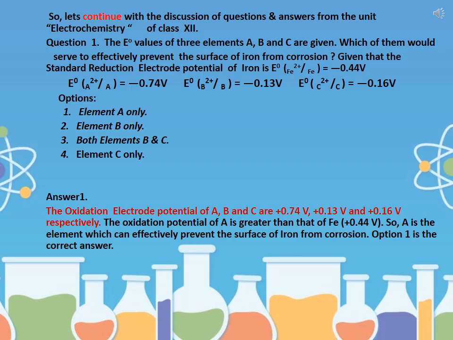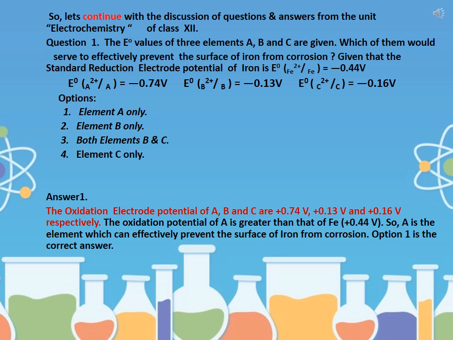Greater the negative value of standard reduction electrode potential, the easier it would be for such an element to undergo oxidation. Greater the negative value of standard reduction potential, higher would be its tendency to undergo oxidation.